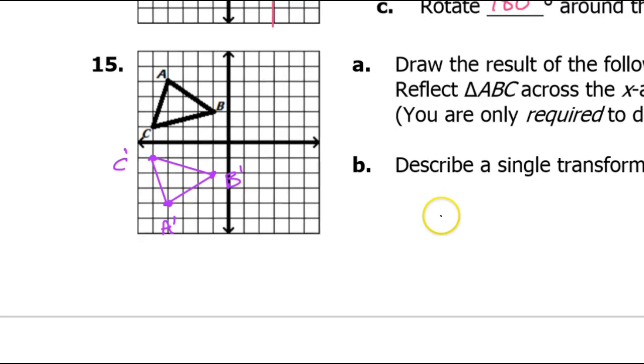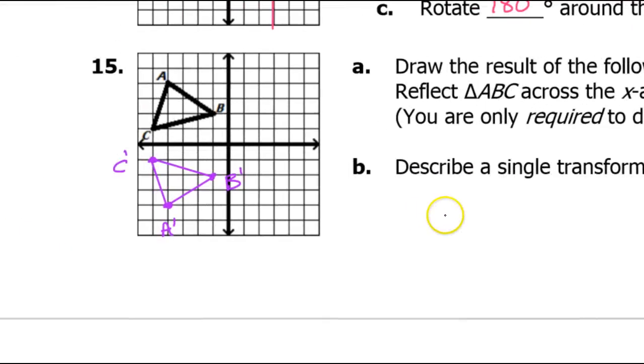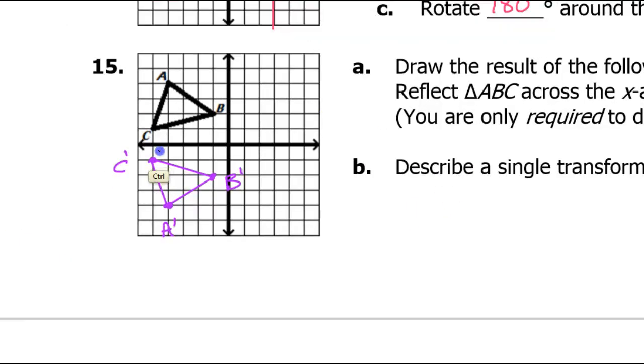Okay, so I reflected over the x-axis. Then we need to translate up 2 units. So that's very simple. If I translate up 2 units, then that would put C double prime actually back where it started from. Alright, but that is C double prime. If I move point B prime up 2 units, that's going to put it here, so that's B double prime.